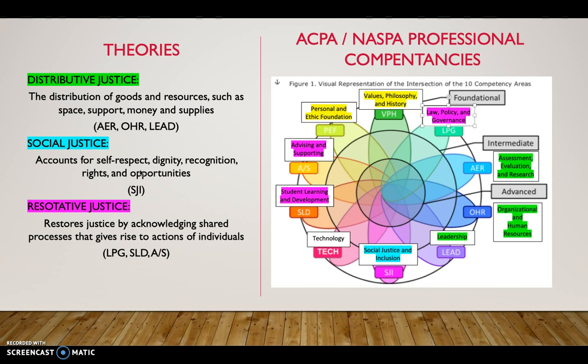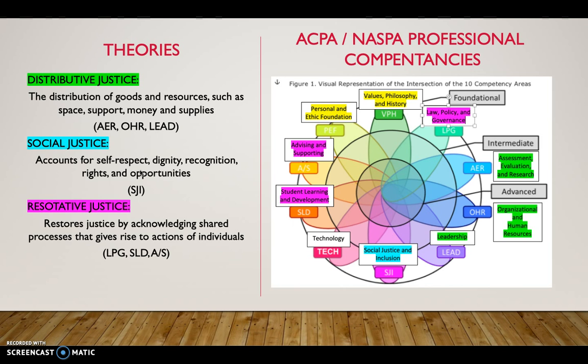But as it goes from the foundational toward the intermediate and advanced, we can kind of see how leadership ties in with social justice and technology. And the whole goal is that by the time you get to the center, a student affairs competent professional should be able to do all 10 of these things in light of these justice theories.